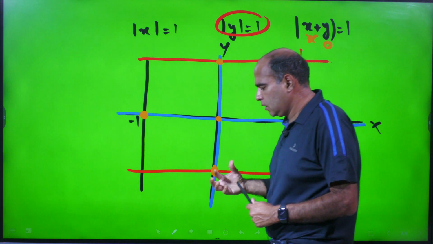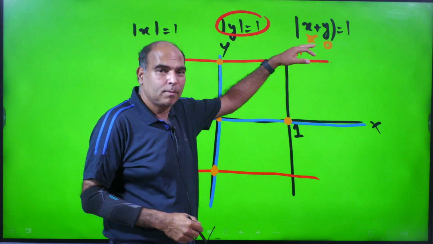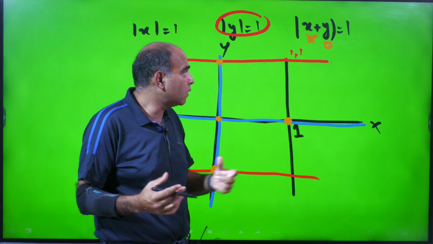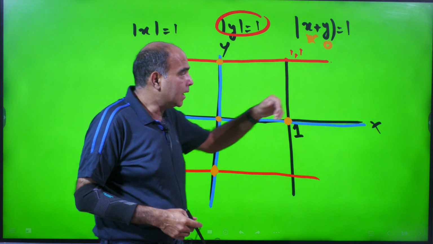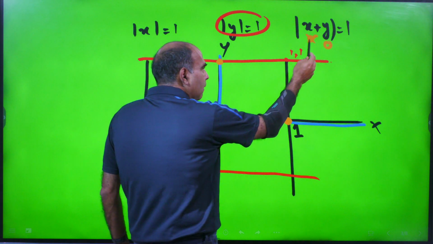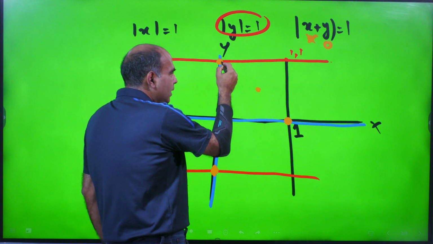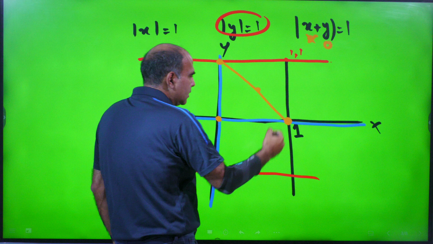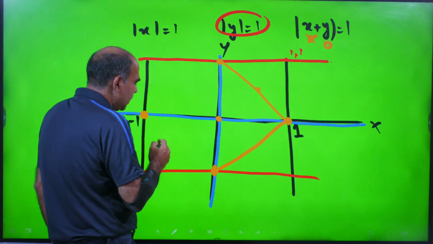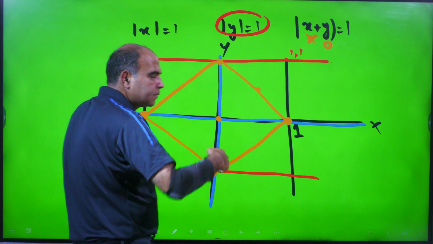And you should have the experience to understand that this is not going to be a smooth curve. It's going to be a straight line. And just to check, you can also see that at x = 0.5, y also becomes 0.5, which means the point (0.5, 0.5) is also on this curve. So you should be able to visualize that the |x| + |y| = 1 graph will have this shape on all four sides.